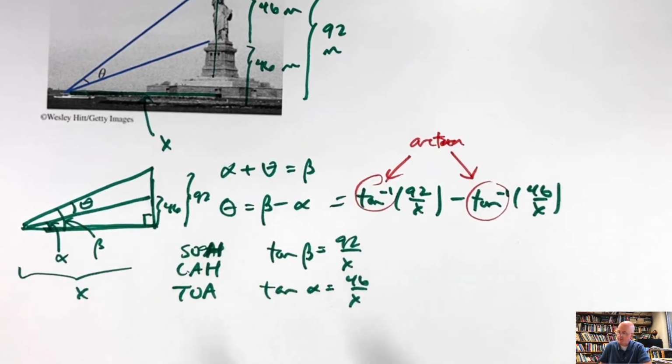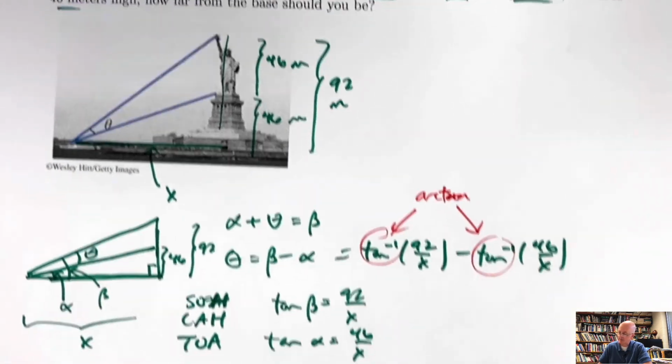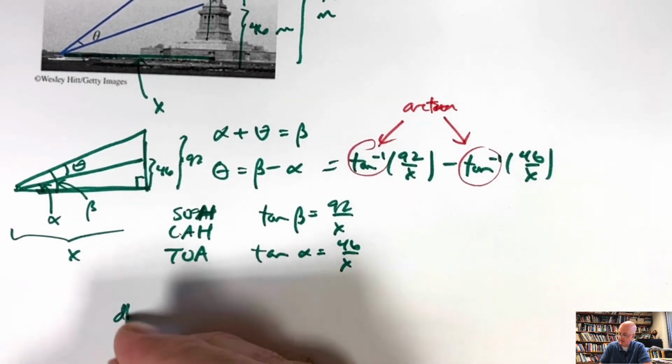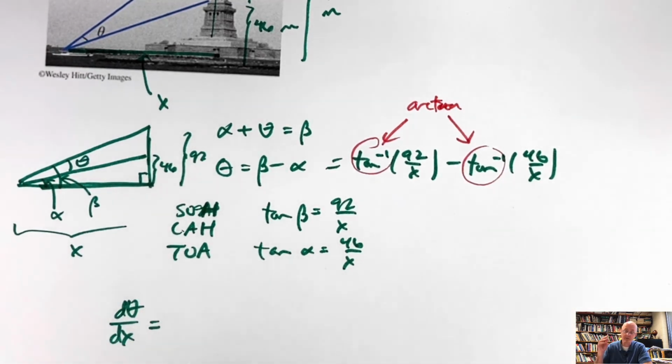That's the function we want to maximize. We're trying to find the value of x that makes theta as big as possible. So take its derivative, d theta dx. We need the derivative of inverse tangent. The derivative of inverse tangent of x is 1 over 1 plus x squared.